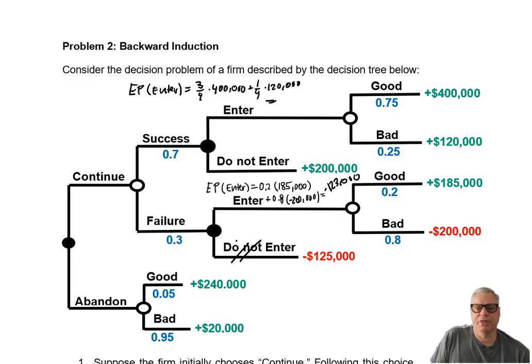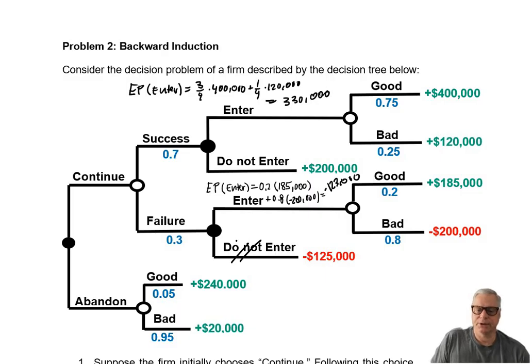That is 300,000 plus 30,000, so that is 330,000, which is obviously better than, in this case, the certainty equivalent of 200,000.